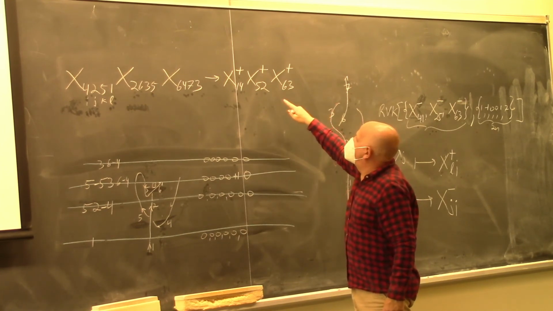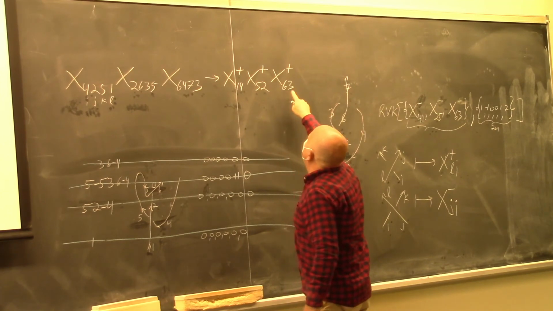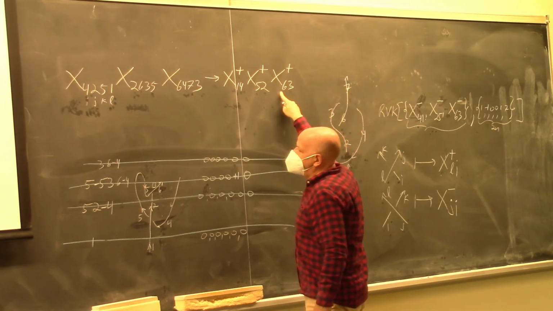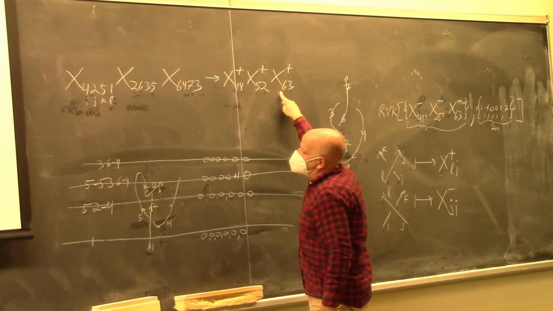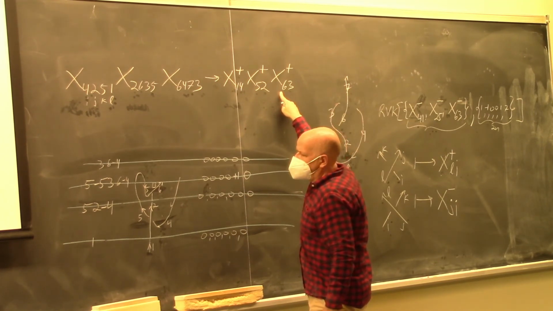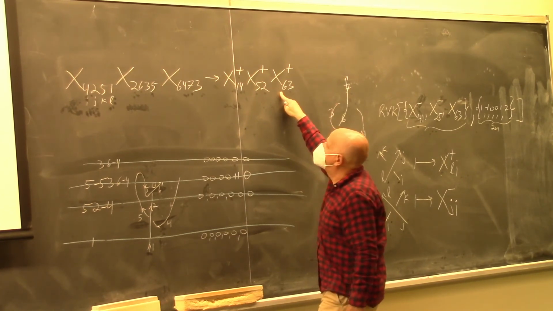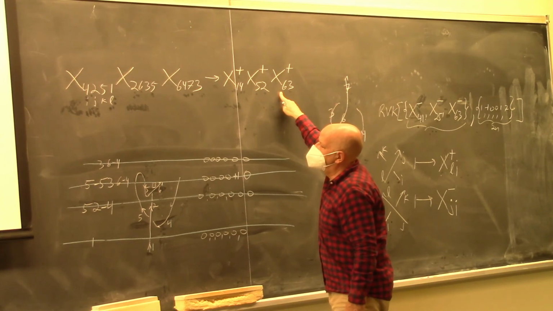Next, I walk from 3 on. So 3 goes under 6. Sorry? Because it's 1, 4, 5, 2, and then you go 6, 3 instead of 3, 6.